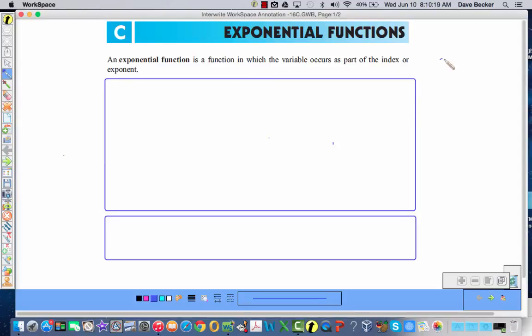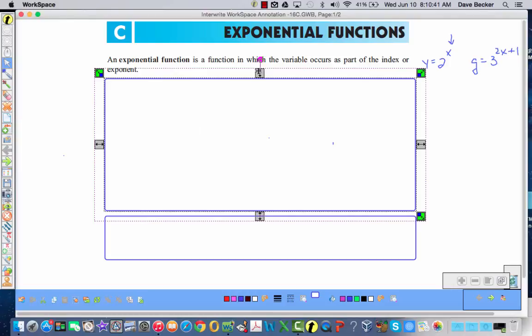So that's simply y equals 2 to the x, since the variable is in the exponent, it's an exponential function. You could have g equals 3 to the 2x, or 2x plus 1, something like that. That's an example of an exponential function.